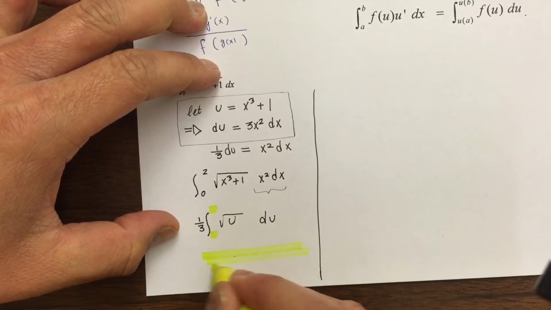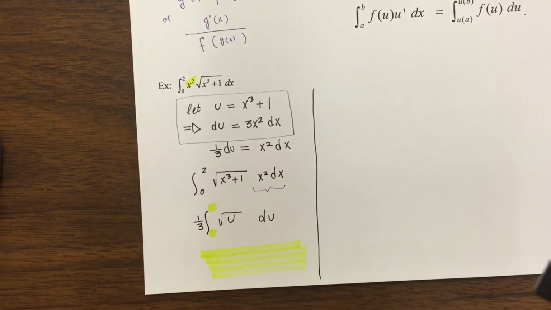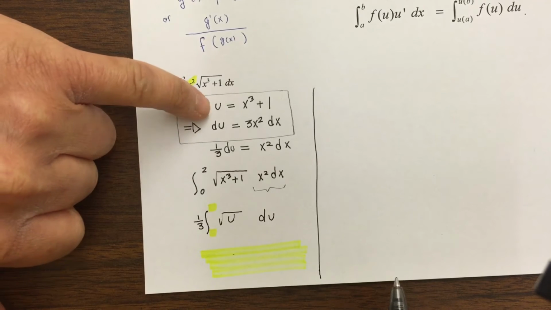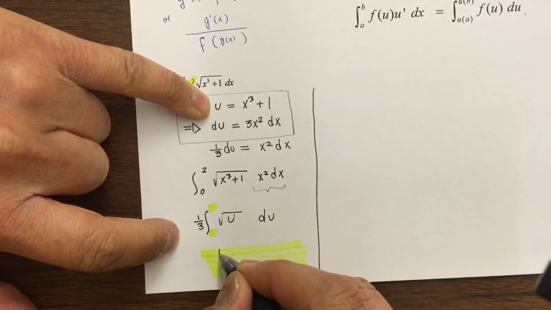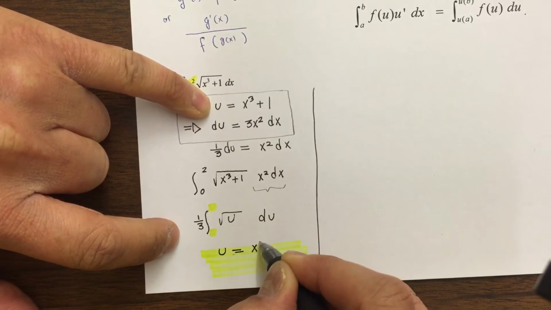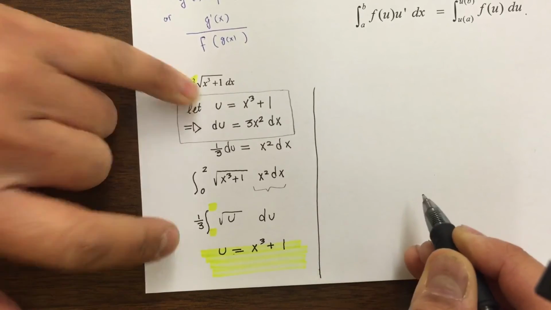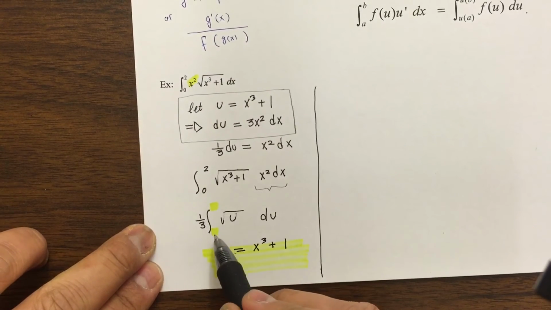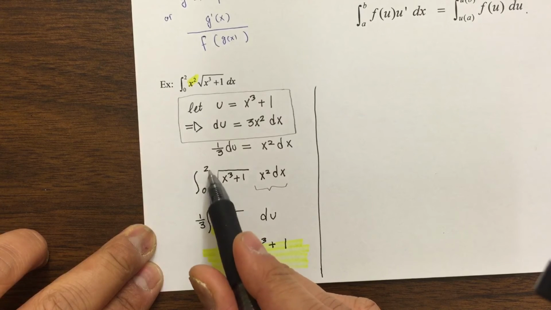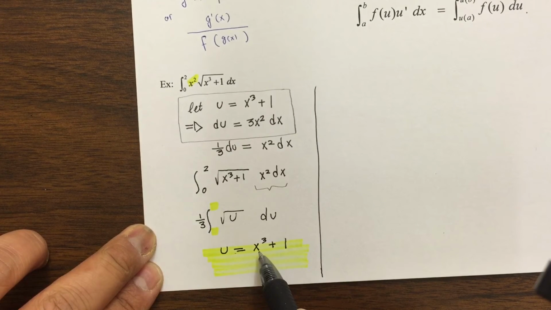What you do is first identify what u equals, and to find the new bound, you replace the old bound into x.